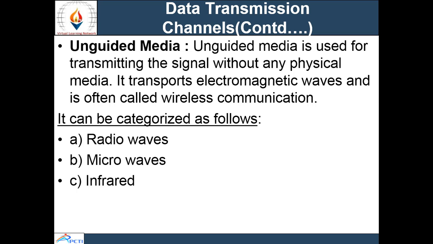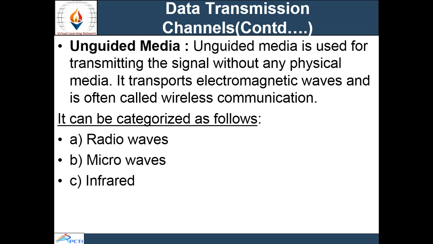Now, radio waves. Electromagnetic waves ranging in frequencies between 3 kHz and 1 GHz are normally called radio waves. Radio waves are easy to generate and can travel long distance and can penetrate buildings easily. Therefore, widely used for communication.